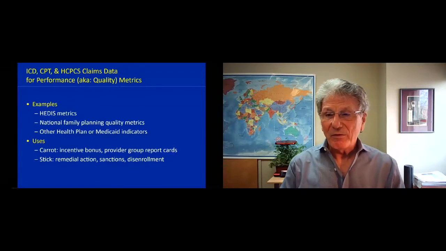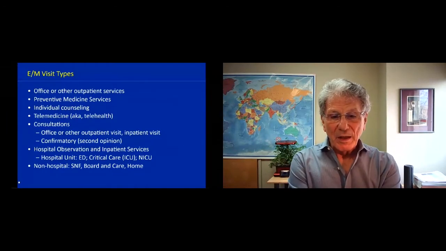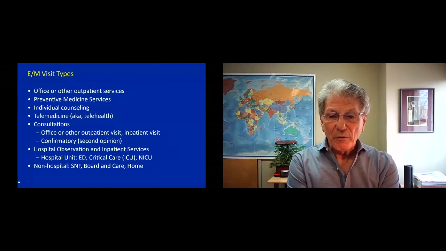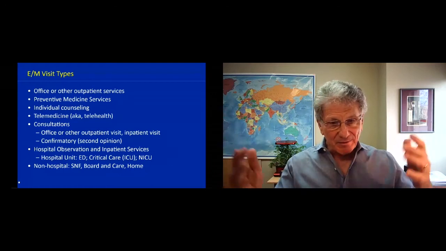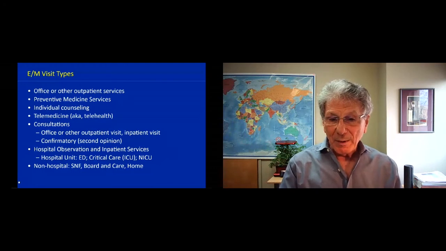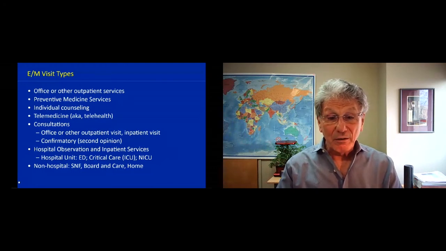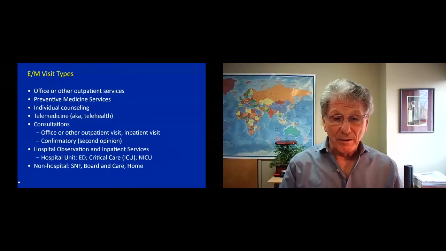Okay, so let's talk now about the nuts and bolts of billing. There are lots of different types of E&M visits, but it's really the first 4 that we're most likely to use in family planning. Number 1, an office visit. That's the standard contraceptive or STD visit. Number 2 is preventive medicine services. That's the standard checkup or well woman visit, or well male visit for that matter.